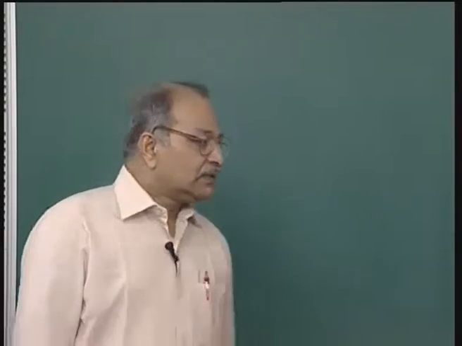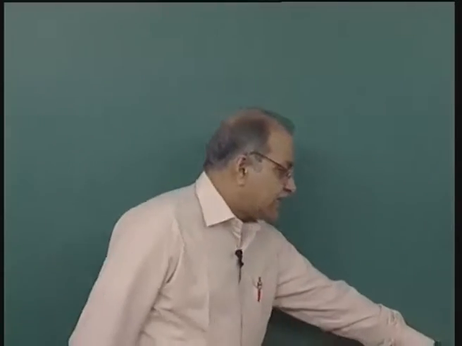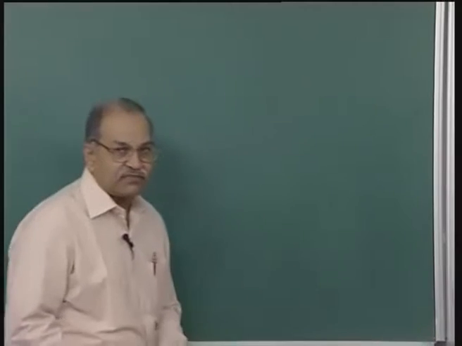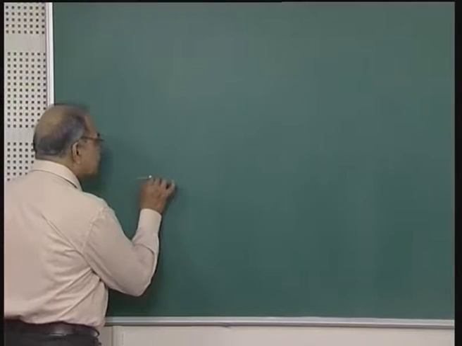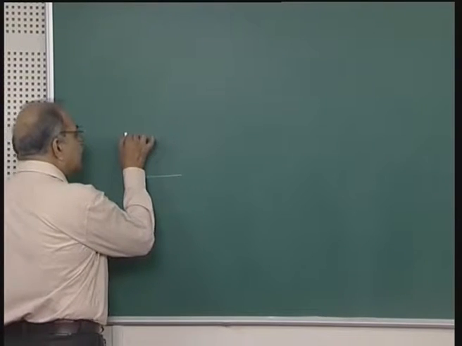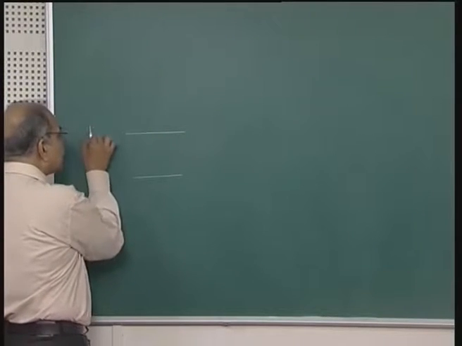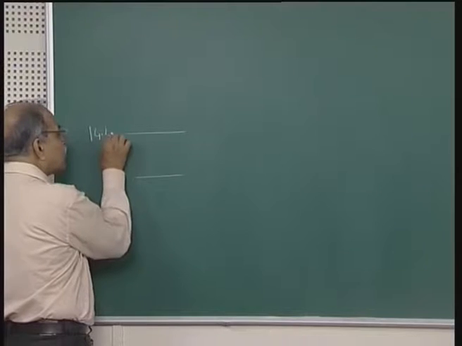So, what is this Mossbauer spectroscopy? Let us consider one nucleus, iron 57. Most of the Mossbauer spectroscopy work is done with this iron 57, that is why I will take that as the example, but there are many more. So, let us look at the ground state and first excited state of iron 57, and that is at 14.4 kilo electron volt.